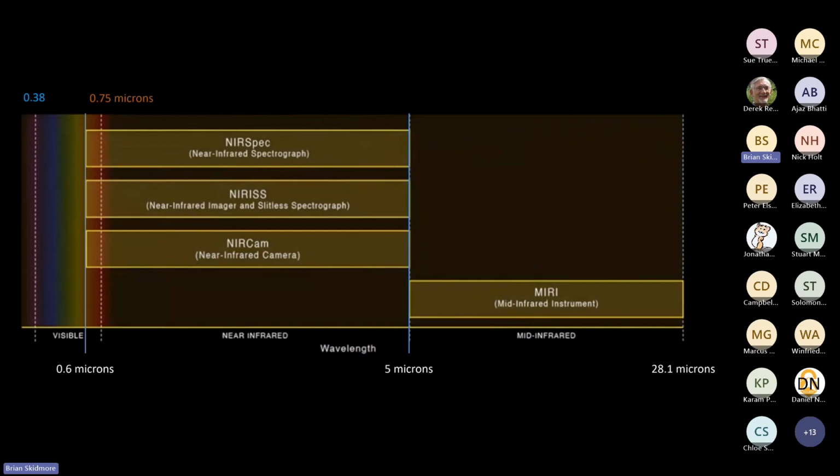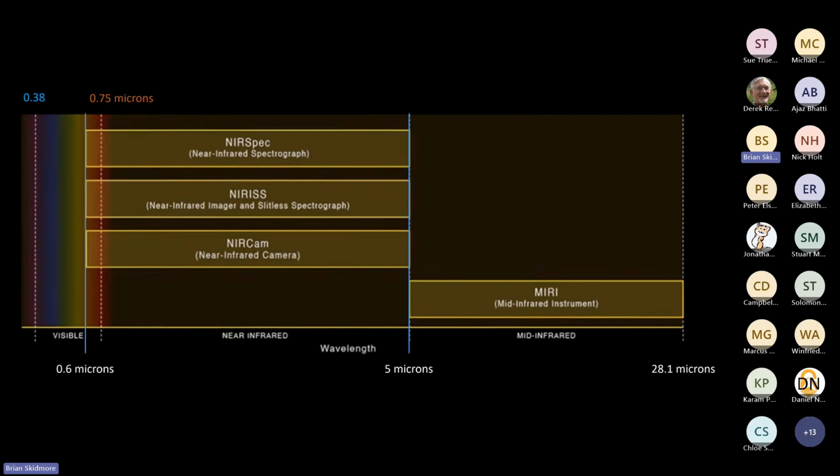So I'm not going to go too much into the instruments because I'm certainly not an expert on them, and I haven't researched them in detail. But there are 4 instruments taking science data. There are 3 in the near infrared, represented by the left-hand side of the diagram. On this diagram, you have the visible spectrum from about 0.4 to 0.7 microns.